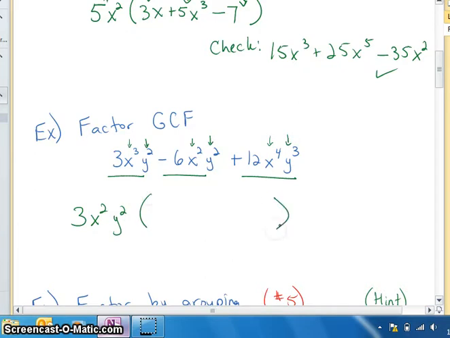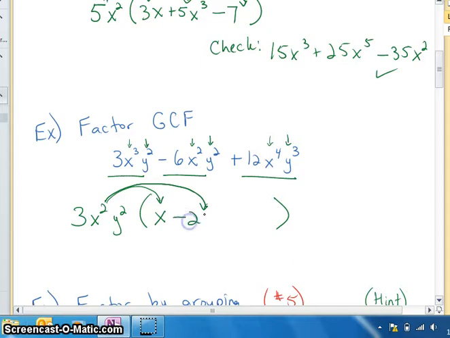Now what's left? 3x squared y squared times this is going to give me 3x cubed y squared. Well, the only thing I need to multiply by is x. And then 3x squared y squared times this middle term is going to give me negative 6x squared y squared.